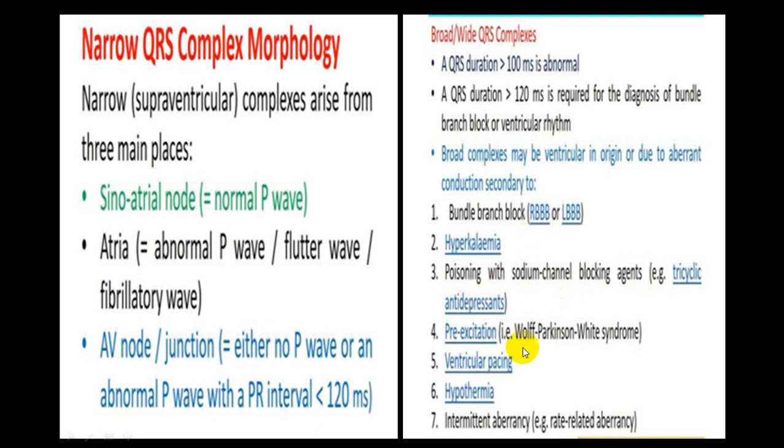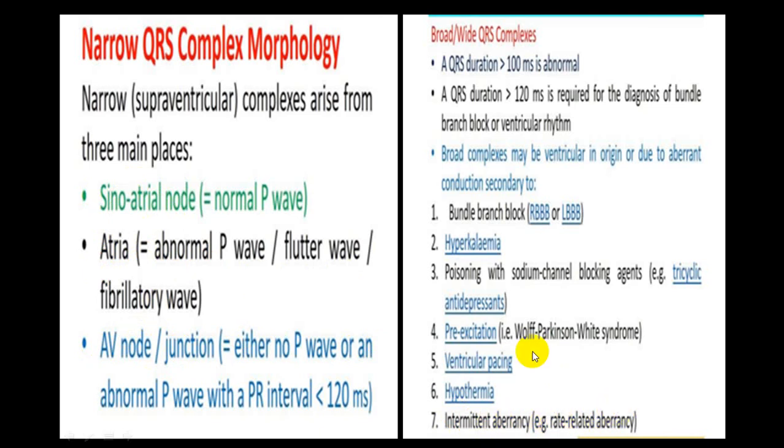Also you will have a broad QRS complex in Wolff-Parkinson-White syndrome, if a person has a ventricular pacemaker, in hypothermia, and once in a while in aberrant conduction. Even if the impulse is coming from the SA node, atria or junction, in the ventricle it bypasses one of the bundles and produces intermittent aberrancy, or aberrant conduction, and a good number of times it is rate related.